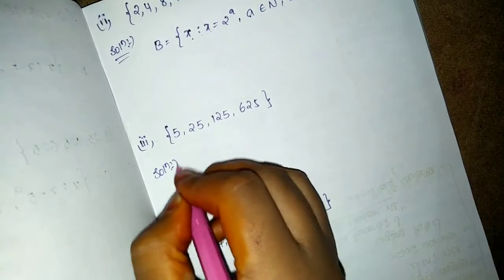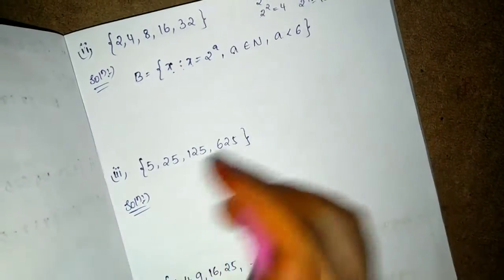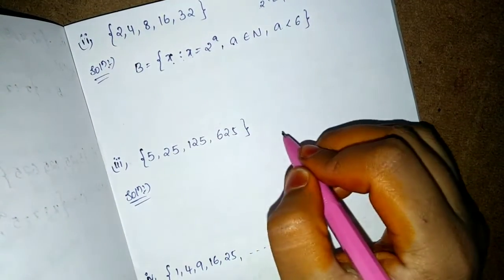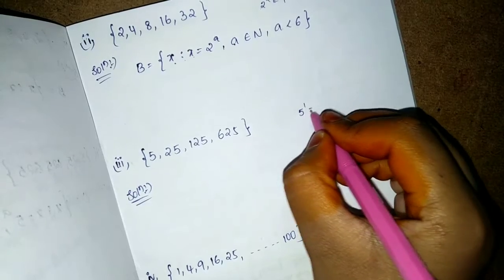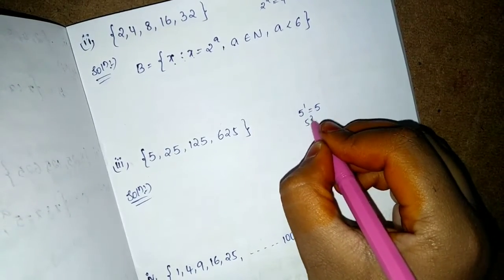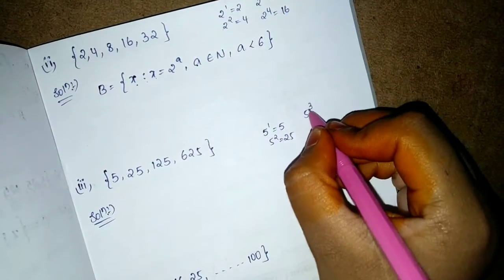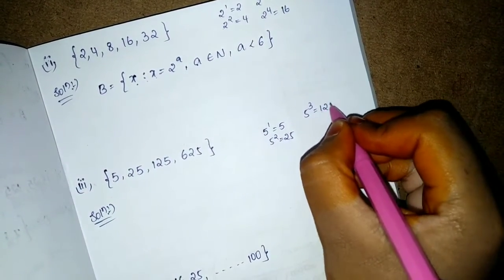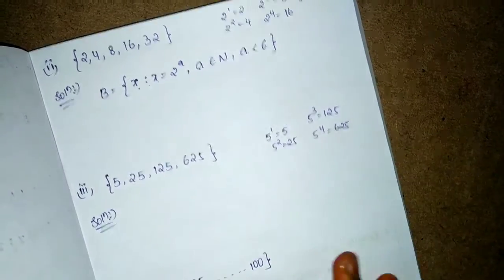Solution for this is also like the above problem, but here all these are powers of 5. Let's see. 5 power 1 equal to 5. 5 squared is 25, 5 5s are 25. 5 cubed is 125. 5 power 4 is 625.